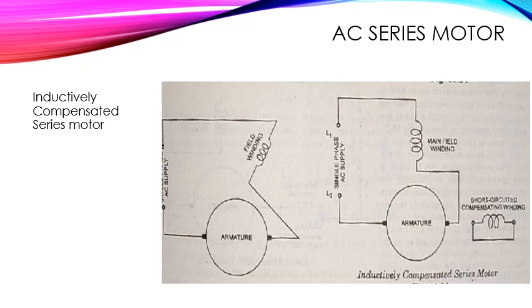So in reality the performance characteristics are practically identical for the two types of series motors. So the performance characteristics for these two types of AC series motor are the same.